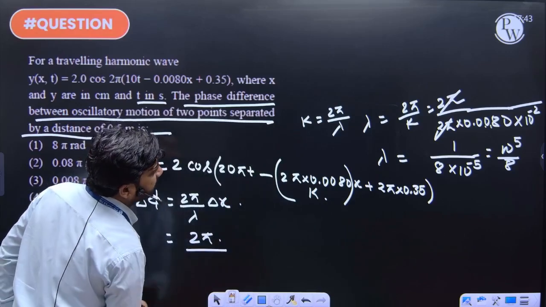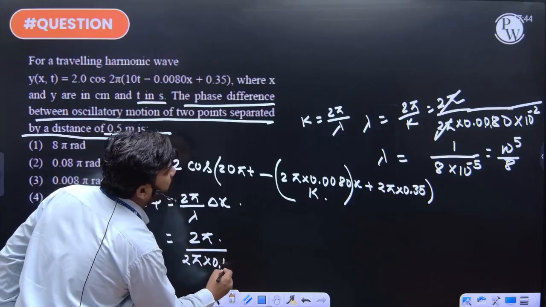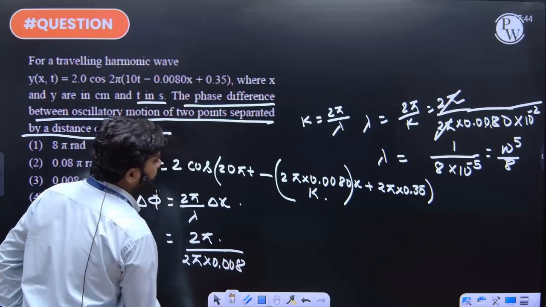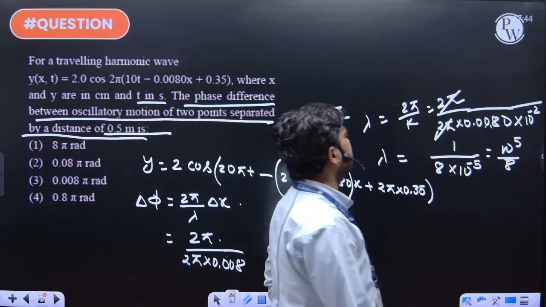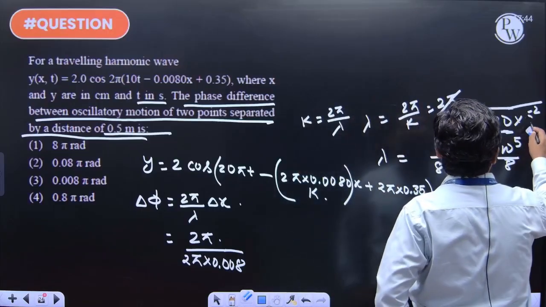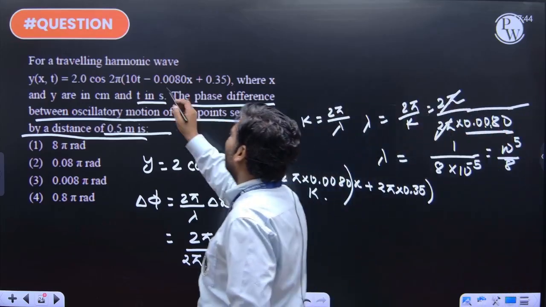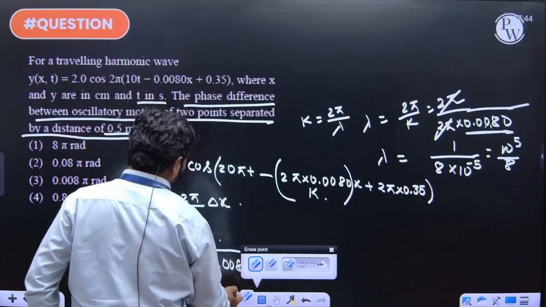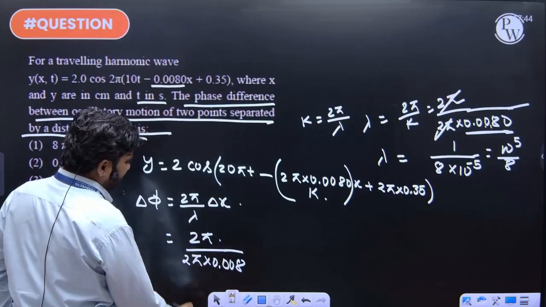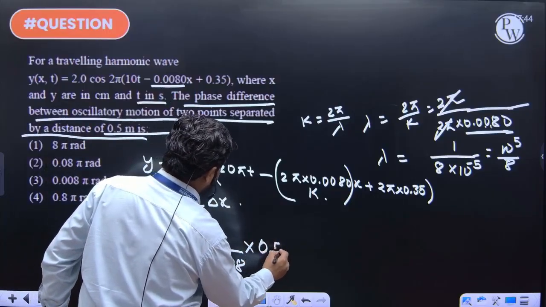I'm keeping it in centimeter itself. So 2π divided by 2π into, let it be 0.008. Oh, this is not centimeter, this is just a number. That's what I also converted. So it's 0.008 into Δx, which is 0.5.